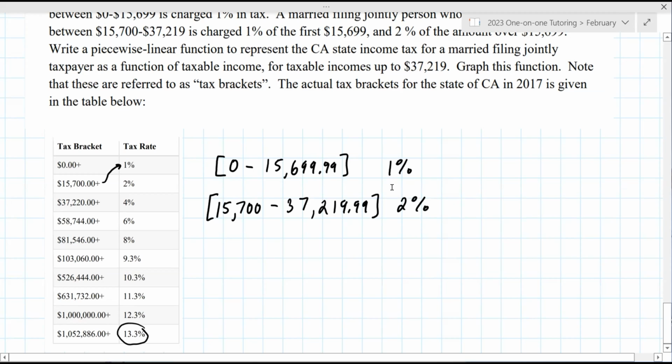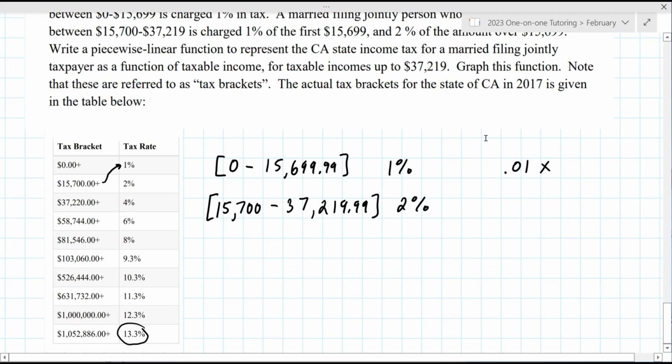When you make $15,701, that one extra dollar you pay 2 cents in tax instead of the previous dollar where you paid 1 cent. And then it goes up from there. The base one's usually the easiest because it's 0.01 times however much you made.